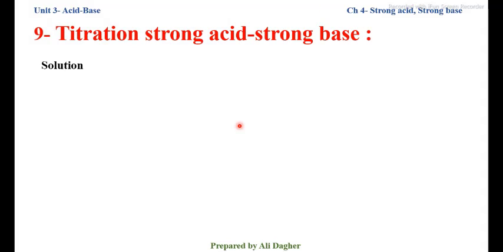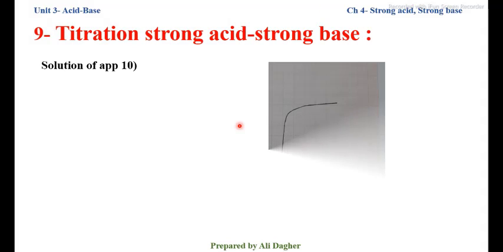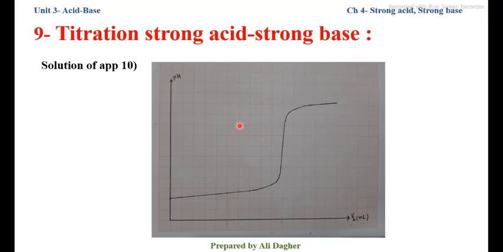Solution of application 10. This is the curve representing the pH metric titration of strong acid by strong base. In abscissa, the volume of base in milliliters. In ordinate, the pH.